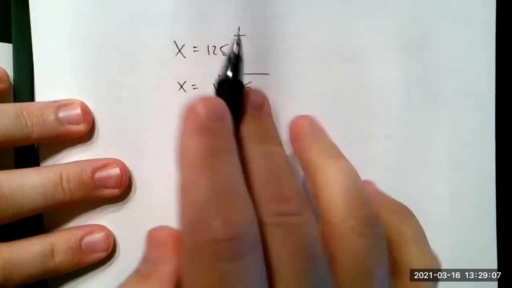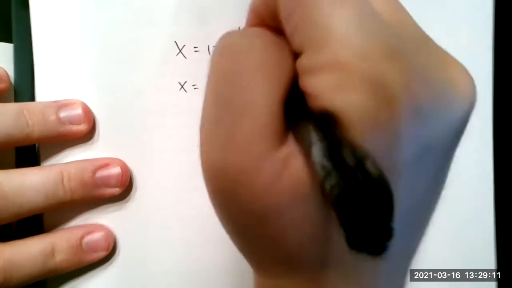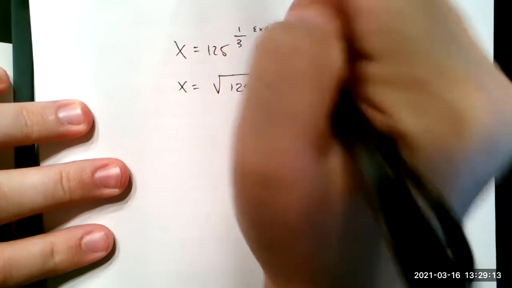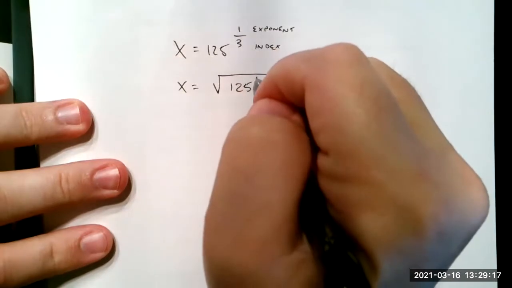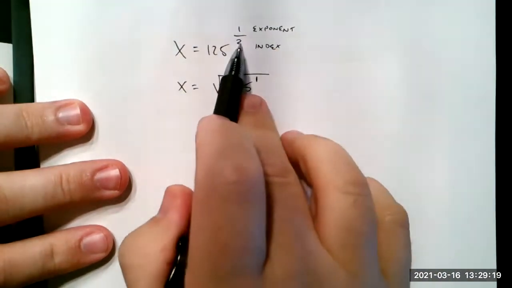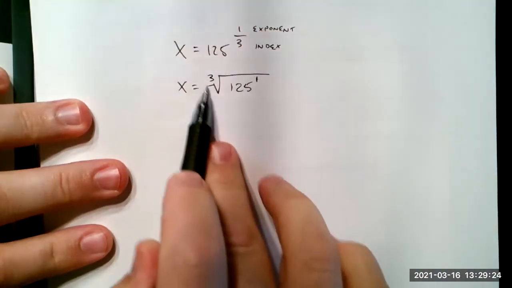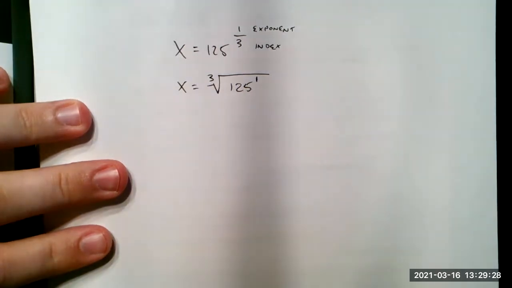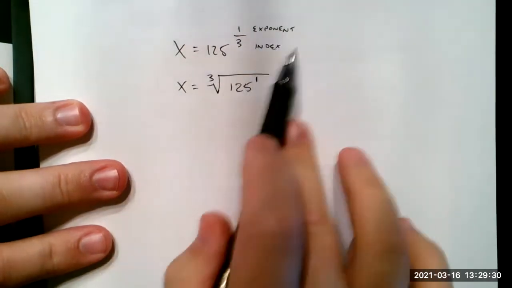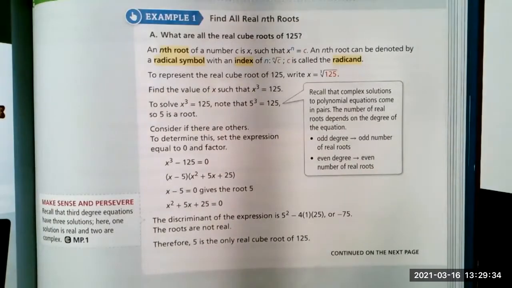And the way you break this up is exponent over index. So the number on top is the exponent of my radicand. So this is 125 to the 1st power. And then the number on bottom is the index, basically what I'm trying to take that root of. I'm trying to take the 3rd root of 125. So just keep that in mind, exponent over index. That's how that works.